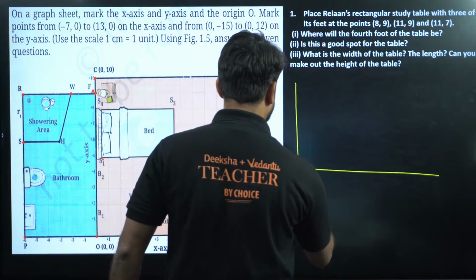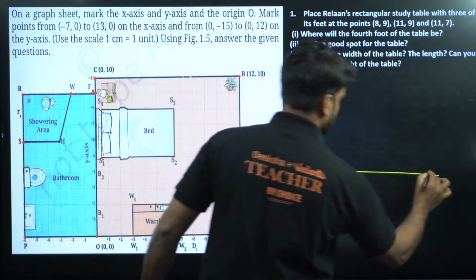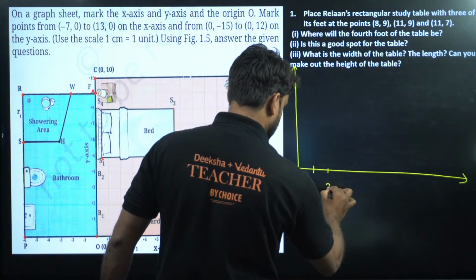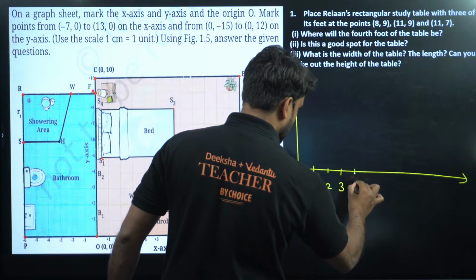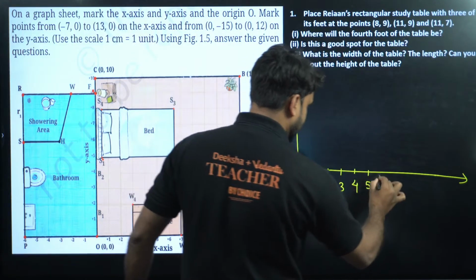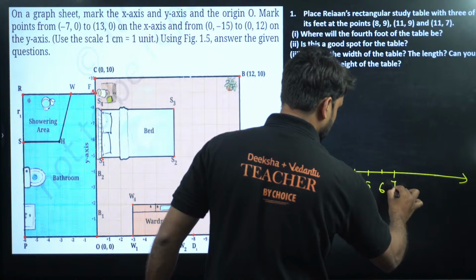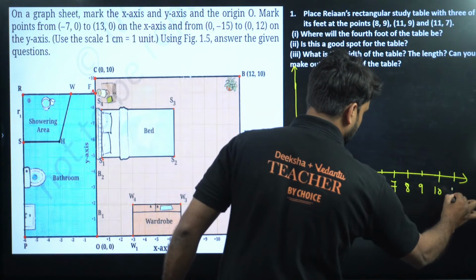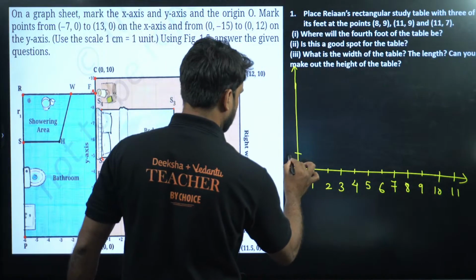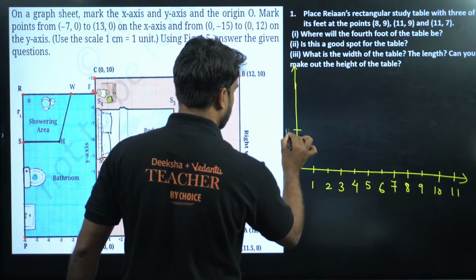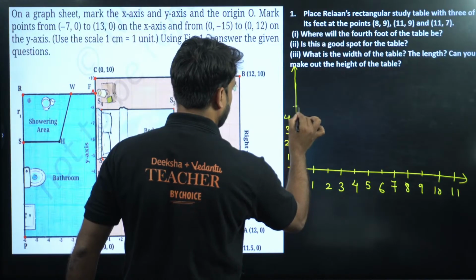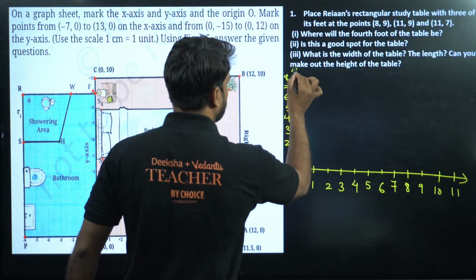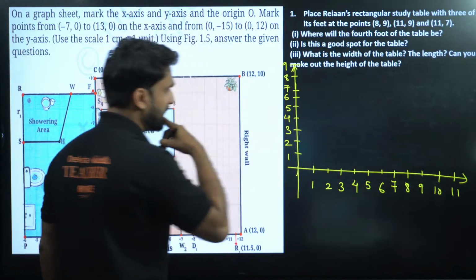So let's make a big diagram. 1, 2, 3, 4, 5, 6, 7, 8, 9, 10, 11, and here also 1, 2, 3, 4, 5, 6, 7, 8, and this is 9.